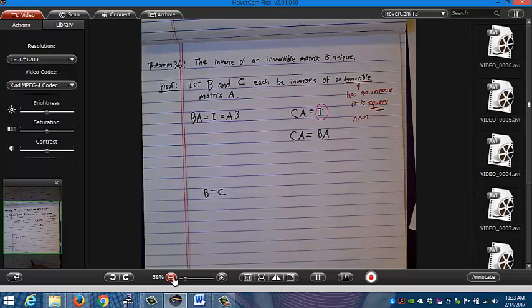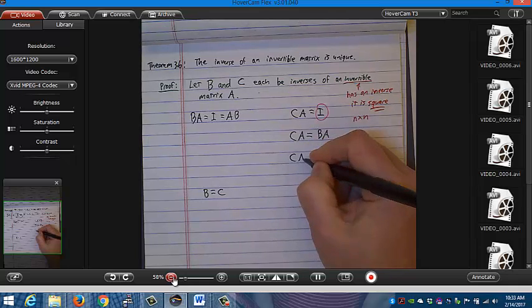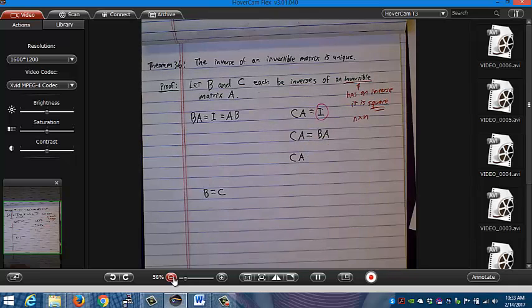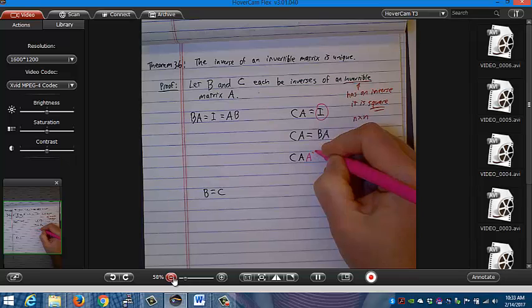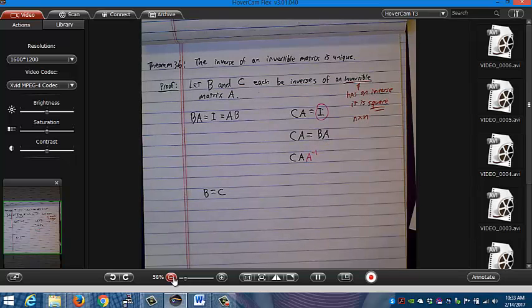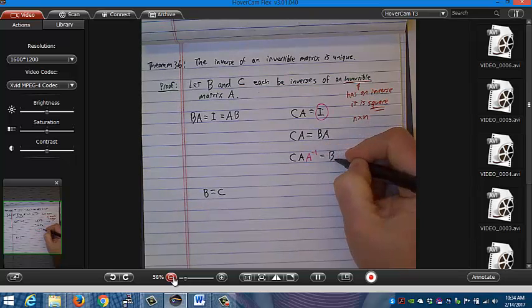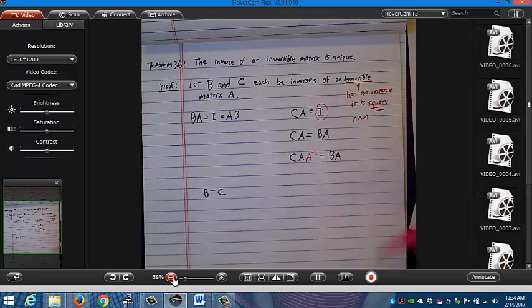Now how do we get the B equals C from that? Do we know that A inverse exists? Yes, because we said it's an invertible matrix. So we could say CA A inverse on the right is equal to BA A inverse on the right.